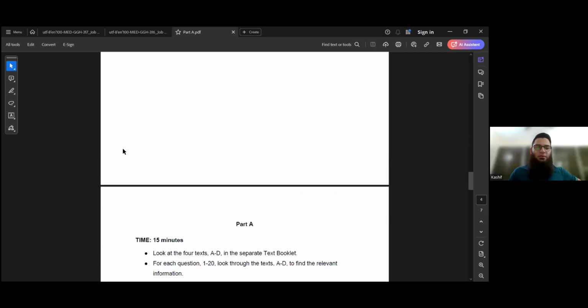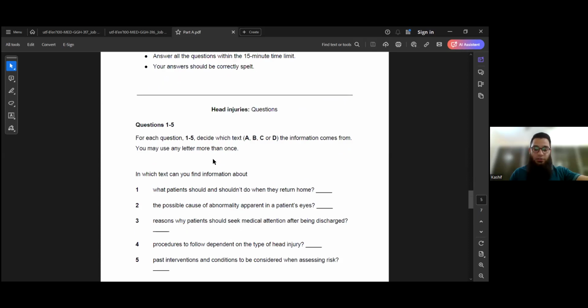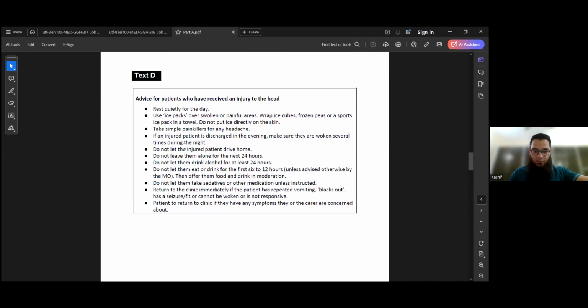Okay, now let's look at question 3. The reasons why patients should seek medical attention after being discharged. Does anybody want me to scroll up for this question? Yes, sir. Okay, please remember the question. What is the reason they should seek attention after being discharged?